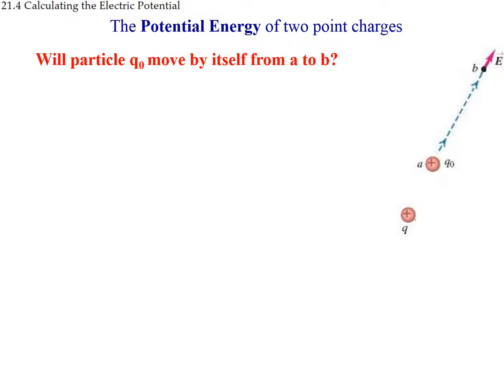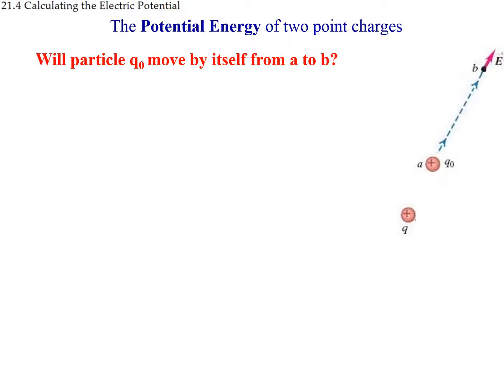Well, changing our system, moving away from the two parallel plates, let us now look at what happens if we have two point charges. And of course there's going to be potential energy between the two. One will be creating an electric potential somewhere around it. And let us first answer this question. We have a fixed particle Q at this point, and we have a movable particle Q0 at point A. And the question is, will this particle move by itself from point A to point B?